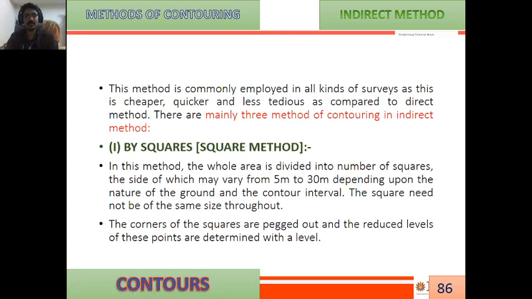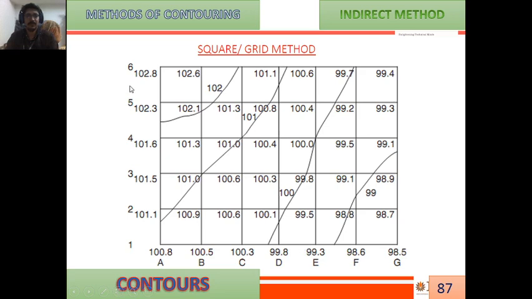So the corners of the squares are pegged out and the reduced levels of these points are determined with the level. See, the entire area is plotted into a square or a grid. Say the corner points A, B, C, D, E, F, G, and for the vertical line or the y-axis 1, 2, 3, 4, 5, 6, right?